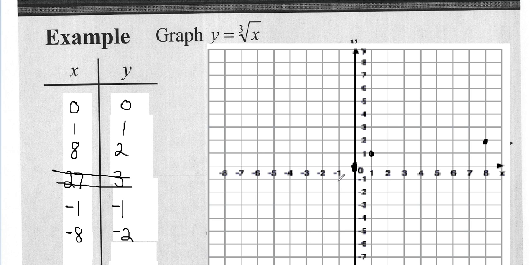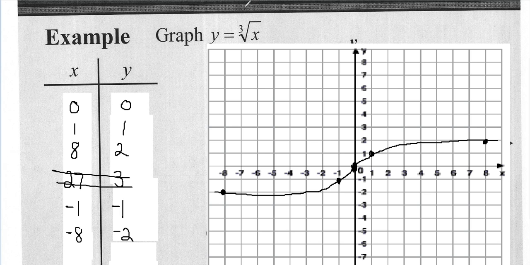This graph is kind of goofy a little bit, but there's negative 1, and negative 8, negative 2. So negative 8 is this way, and down 2 this way. So you can see the symmetry here. I could draw this line going this way, down, and then back this way, and then over. So there's a general idea what that graph looks like.